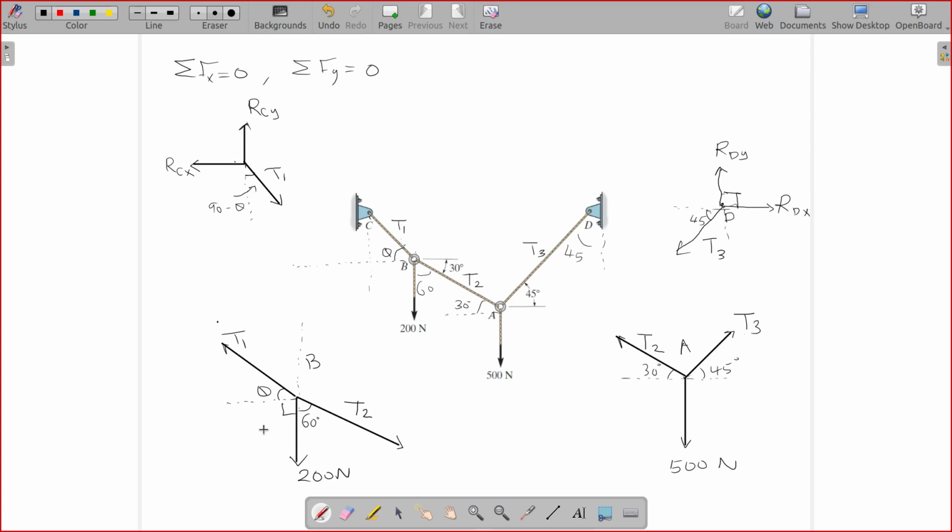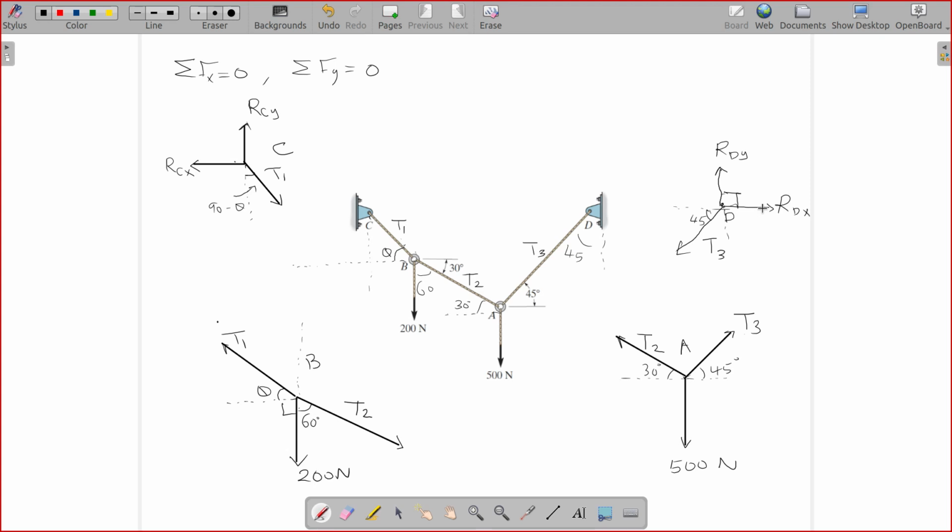So I have 4 systems, right? C, B, A and D. Which one of these will I solve first? Can anyone tell me? C, B, A or D?